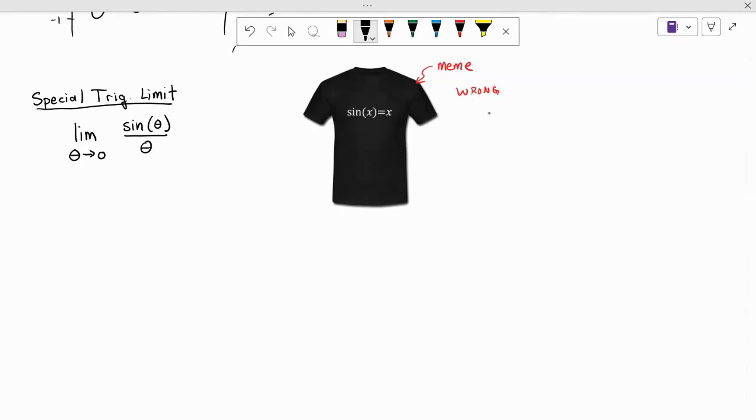The correct thing to say is that sine of x is approximately equal to x. But what has to be true about x? Does anybody know? For sine of x to be approximately equal to x, what has to be true about x?